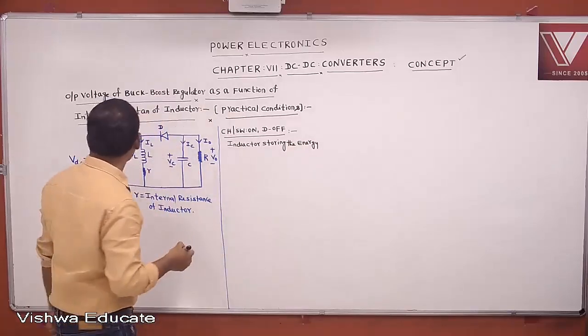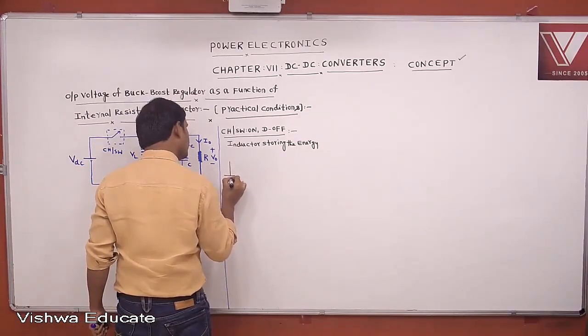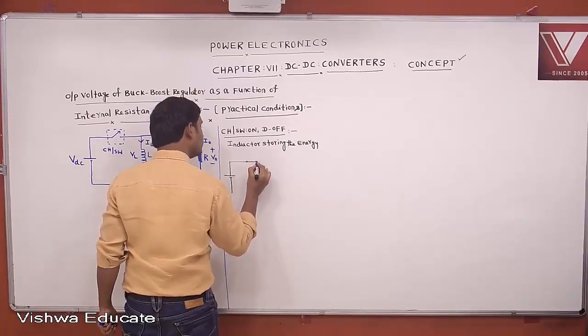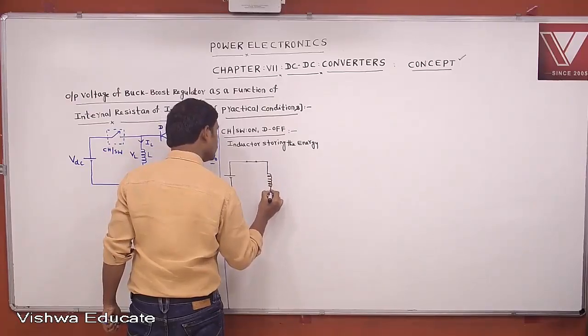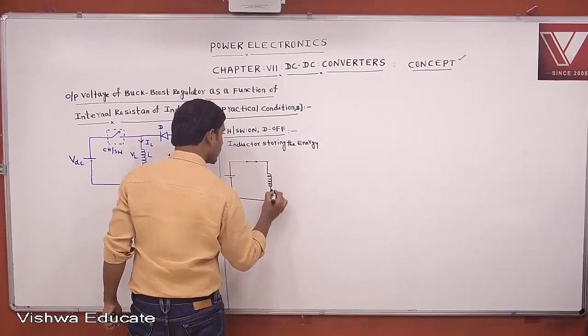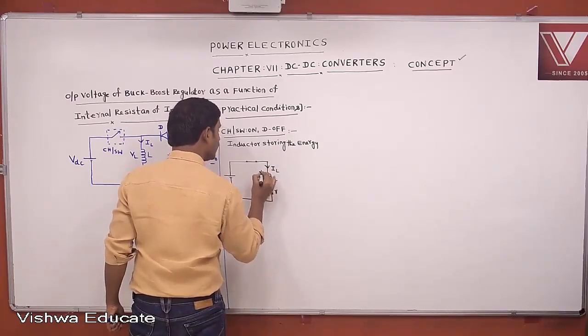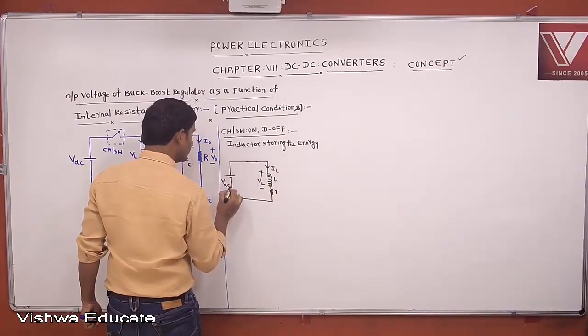Then you write the equivalent. The chopper or switch is on, the inductor is storing the energy, and the resistance of the inductor is small r. This is IL, positive negative VL, and this is VDC.